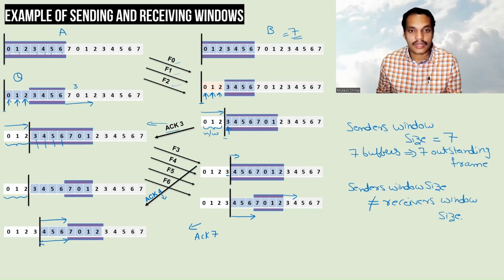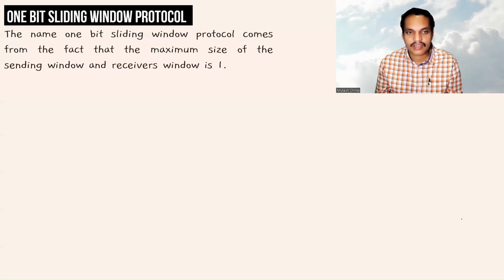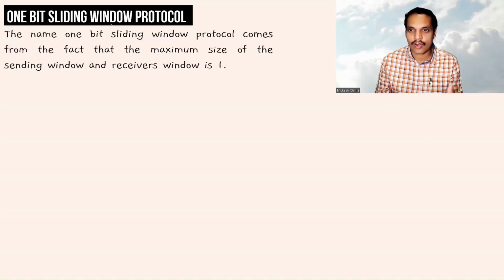Now, let me show you the first protocol under the bidirectional category, which we call the 1-bit sliding window protocol. The name should give you the idea that here both the sender's window and the receiver's window are 1, which tells you that the sender can only have one outstanding frame, that is, only one buffer.